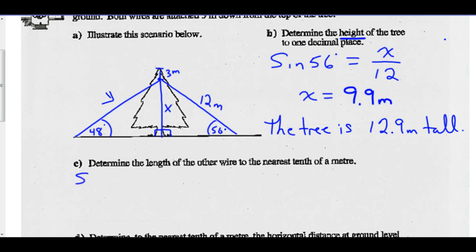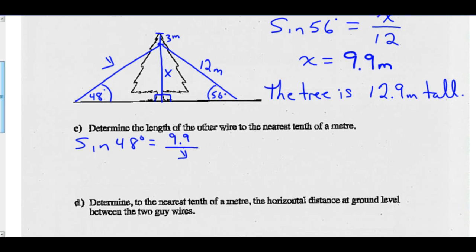Again, the sine ratio. So the sine of 48 degrees equals the opposite side, which we just figured to be 9.9, over the hypotenuse, which is y. Now how do I solve for y in this equation? I'm going to write that out. y and the sine of 48 simply switch places. So 9.9 divided by the sine of 48 will give me the measure of y.